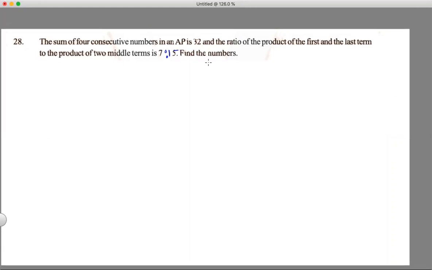It doesn't matter where the series starts, so we can take the terms as A, A plus D, A plus 2D, and A plus 3D. And the sum is given. So the sum is 4A plus 6D, which is equal to 32.